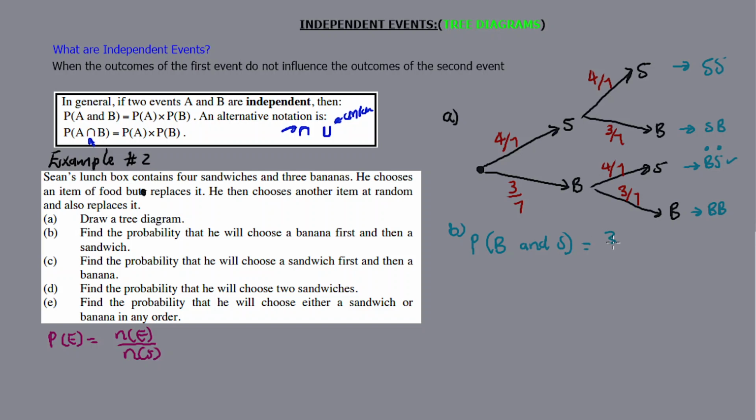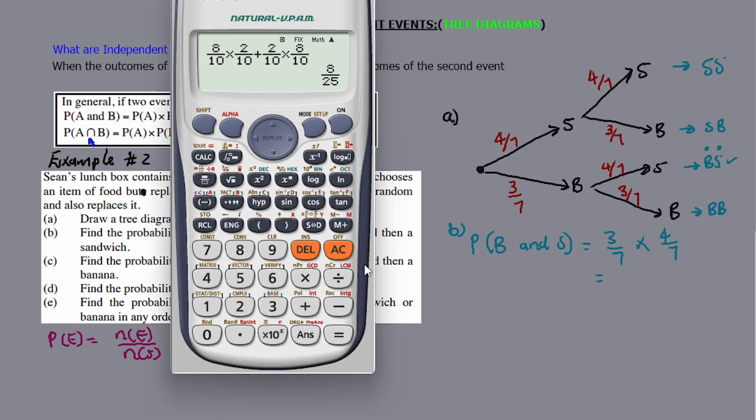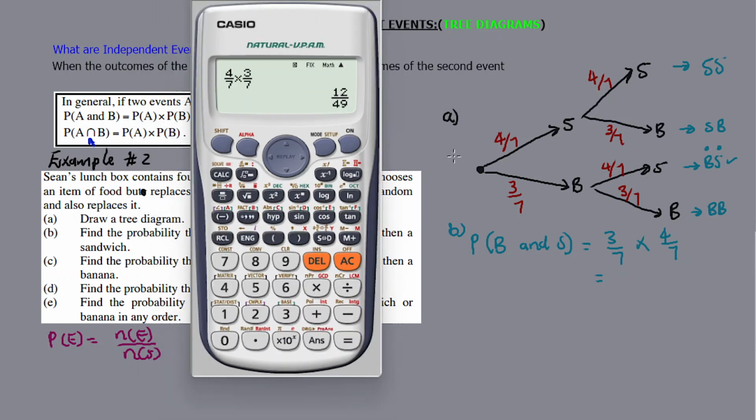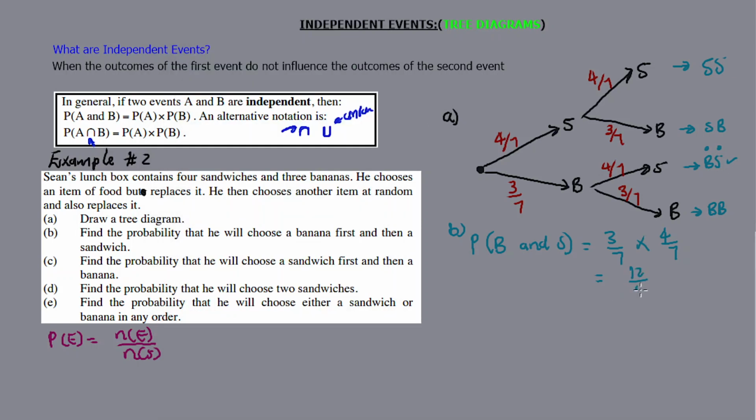So it's 3 over 7, the probability for a banana, times the probability for a sandwich second, 4 over 7. Our answer is 3 over 7 times 4 over 7, which is 12 over 49.